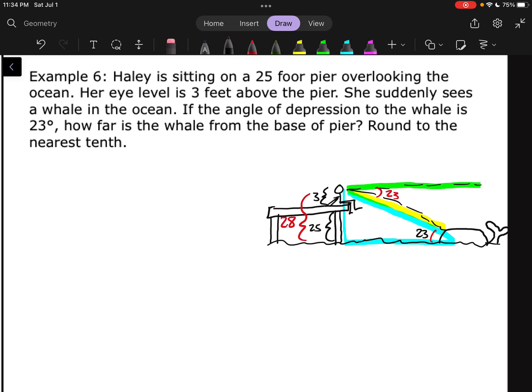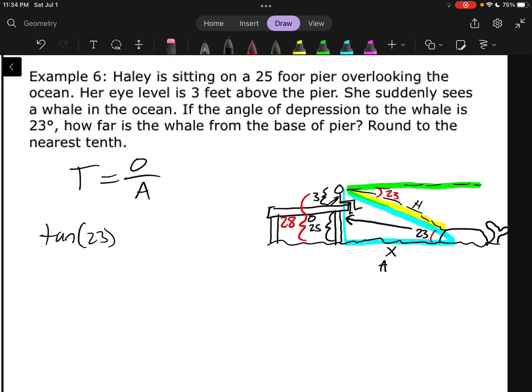We want to know how far the whale is from the base of the pier. That's right here. So now that we understand what's going on, the 28 is the opposite side, this is the adjacent side, that's the hypotenuse. I'm doing tangent. T is O over A.